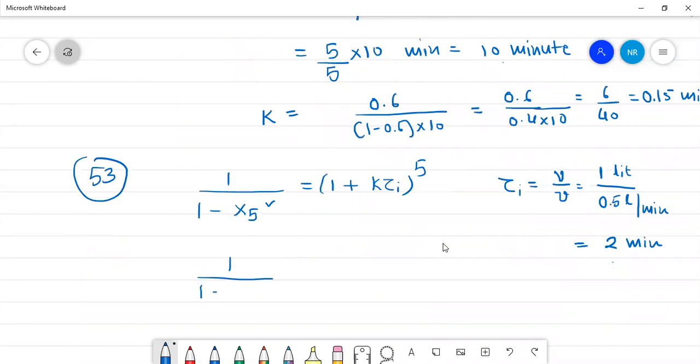1 divided by 1 minus X5 is equal to 1 plus k value we have, how much? 0.15 multiplied by space time 2, multiplied by 2.